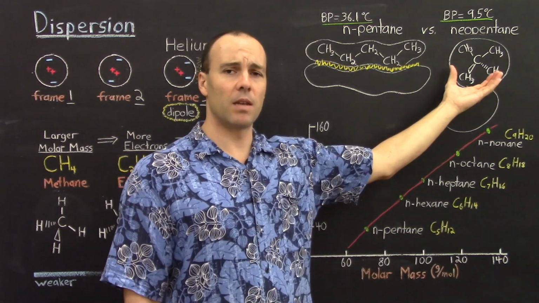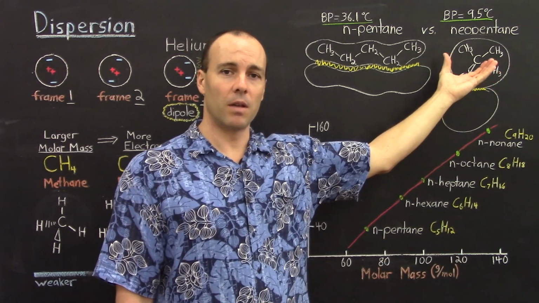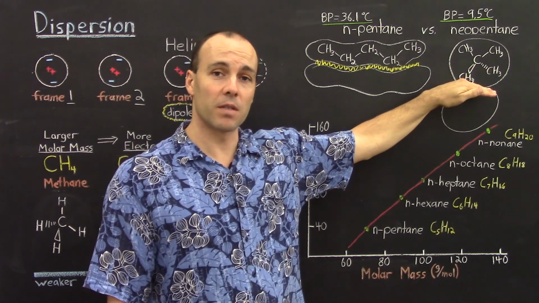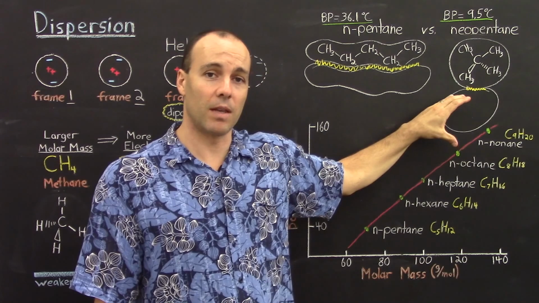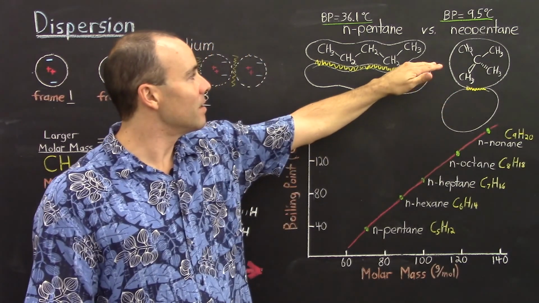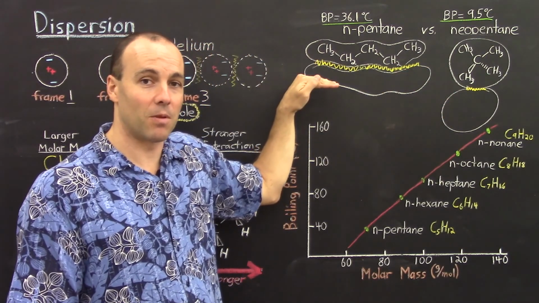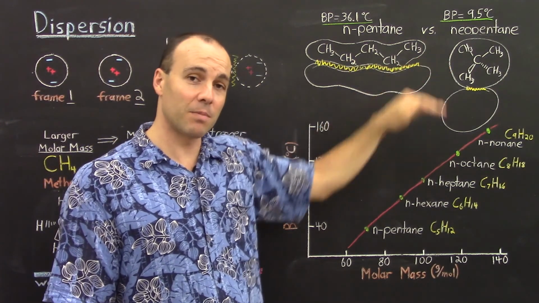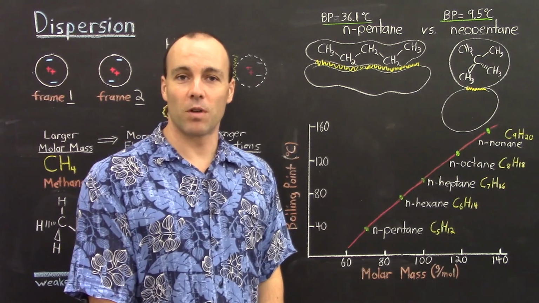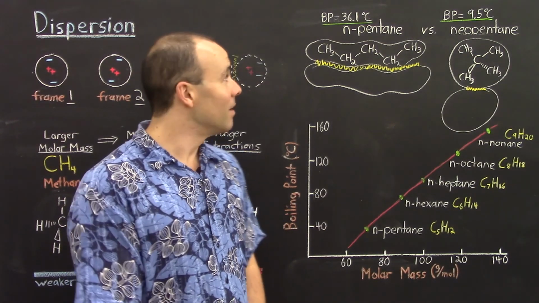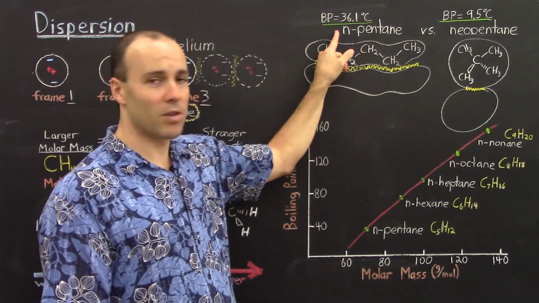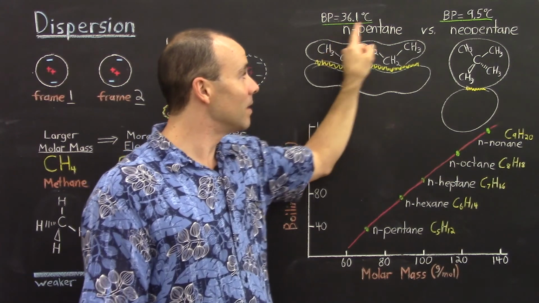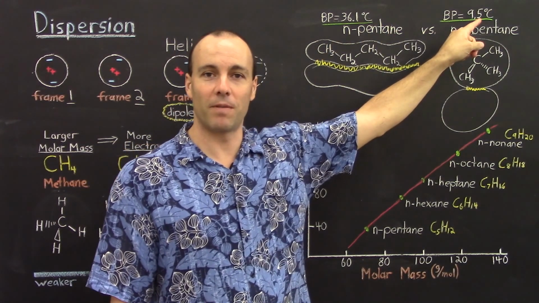Now, neopentane is a more spherical molecule, and this molecule does not have as much surface contact with a neighboring neopentane as an n-pentane does with a neighboring n-pentane. There's more surface-to-surface contact between the n-pentanes, therefore stronger dispersion interactions. And n-pentane has a much higher boiling point than neopentane, 36.1 degrees Celsius compared with 9.5 degrees Celsius.